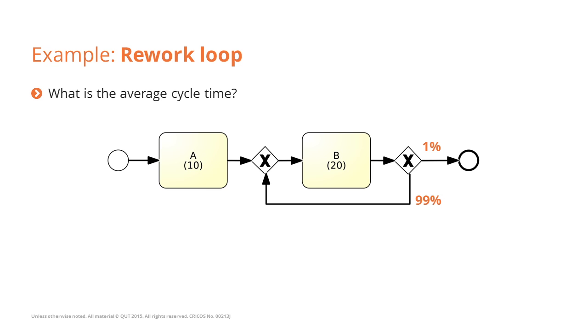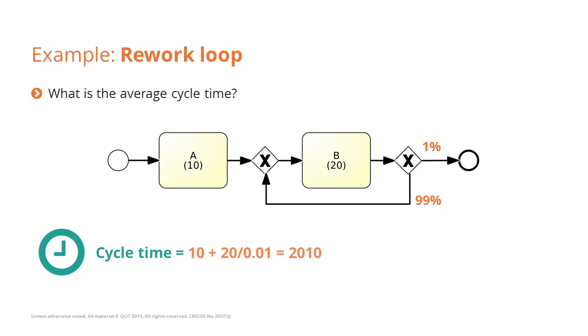And if we think a little bit more about it carefully, what happens is that the cycle time of a rework loop is equal to the cycle time of the body of the loop, which in this case is 20, that's activity B, divided by the probability of the exit branch, in this case 0.01. And 20 divided by 0.01 gives you 2000, and the cycle time of this process is 2010, enormous.